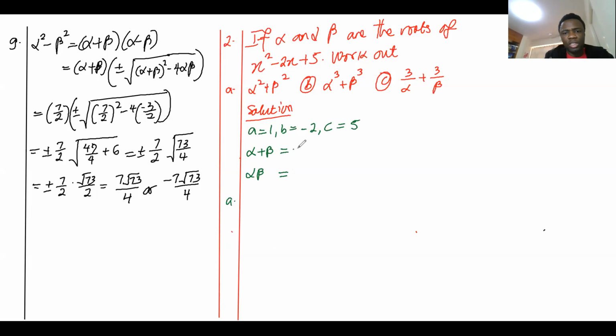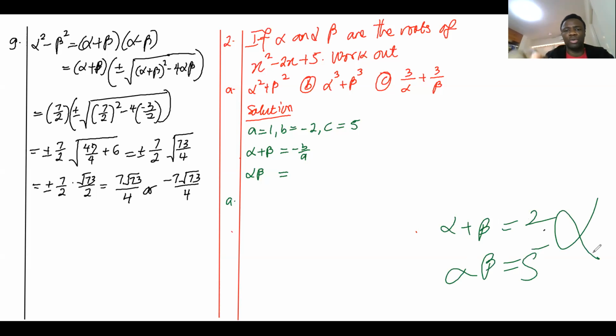Alpha plus beta is minus B over A. You need to show minus B over A. Do not write alpha plus beta equals 2, alpha beta equals 5. If you do this, I give you 0. Minus B over A, the minus 2 over 1, which is equal to 2. Alpha beta is C over A, which is 5 over 1, which is equal to 5. Don't be lazy. Show me the steps.